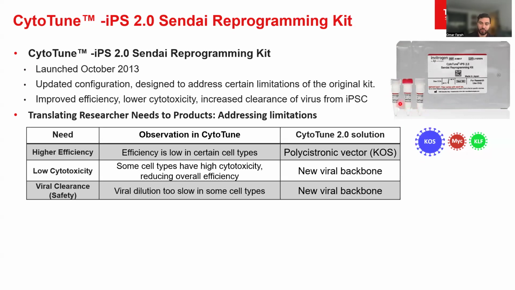And those three tubes, each of them has Sendai viral particles that are loaded with different vectors, right? So the first tube has the KOS vector, or the KLF4, OCT4, and SOX2 genes, right? The second tube has the c-Myc vector, and then there's another tube that has an additional KLF4 vector.